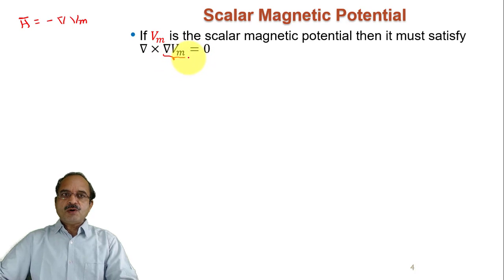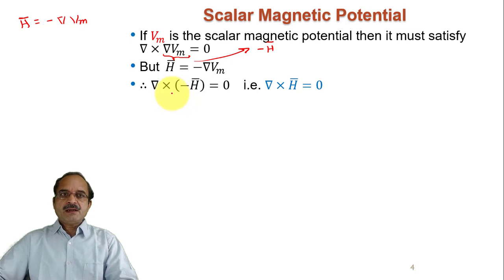We will substitute for this del Vm as minus H. So substituting del Vm as minus H here, this gives me del cross minus H is equal to 0, or del cross H is equal to 0. That is, curl of H is equal to 0.